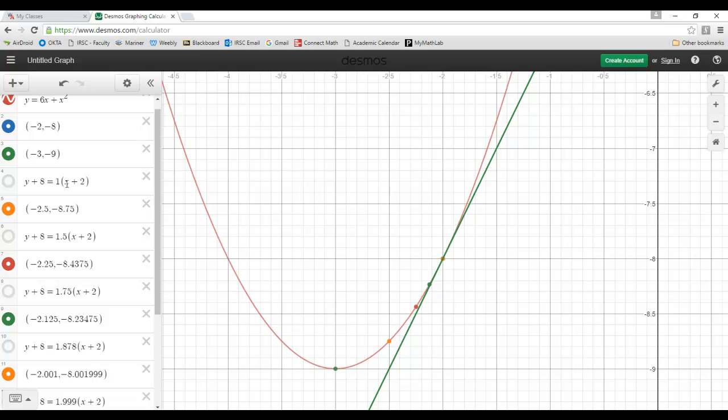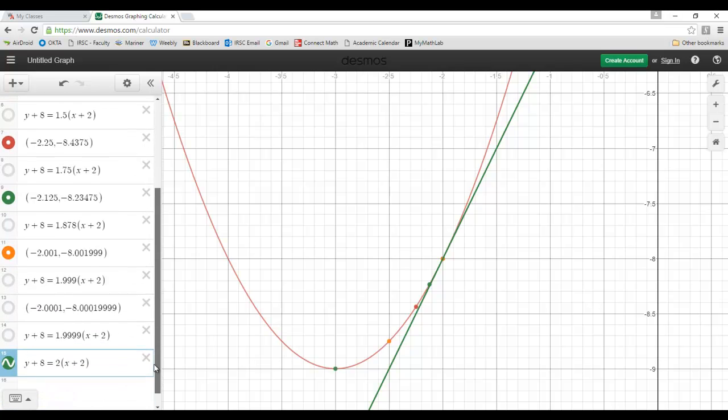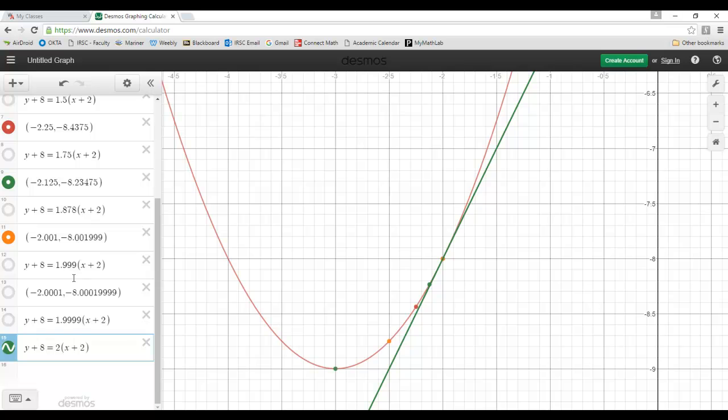And you can see, just to reiterate, our first secant line had a slope of 1. The second secant line had a slope of 1.5. The third had a slope of 1.75. The fourth had a slope of 1.878, and so forth and so on. 1.999, then 1.99999.